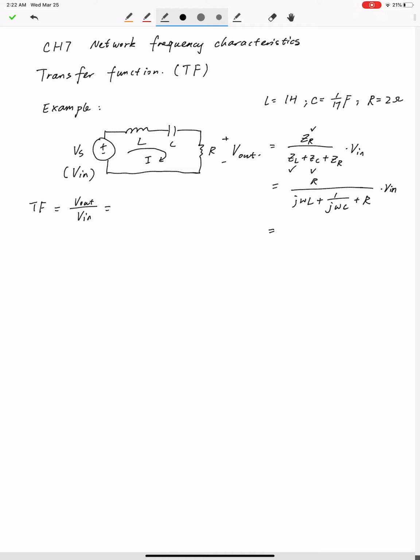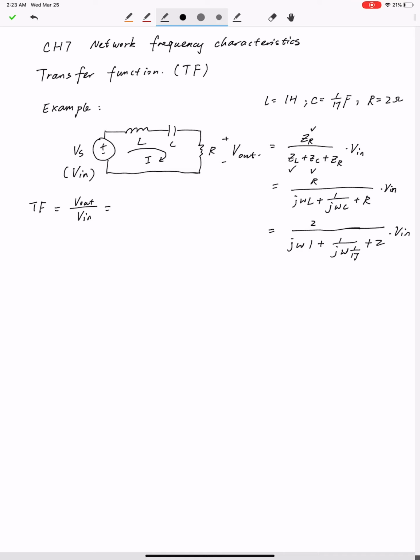Now we can plug the values into this formula. R is 2 ohms, divided by j omega times 1 plus 1/(j omega times 1/17) plus 2, times Vin.